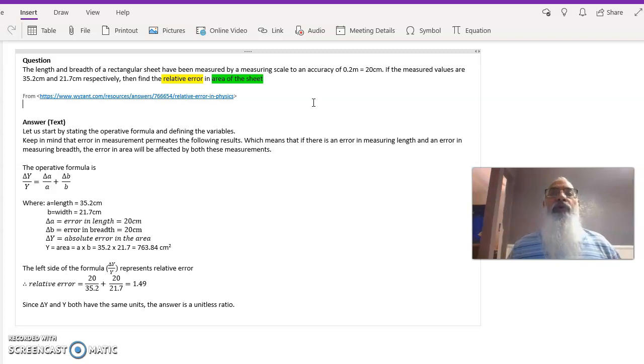And if you were to use two, three, or four or more different measurements to manipulate a result, like in this case, we are finding the area of the sheet, but it depends on the measurement of length and the measurement of breadth. And so with two different measurements involved, the result is affected by both values, right? You have to multiply the length by the breadth to get the area. So both values are important.